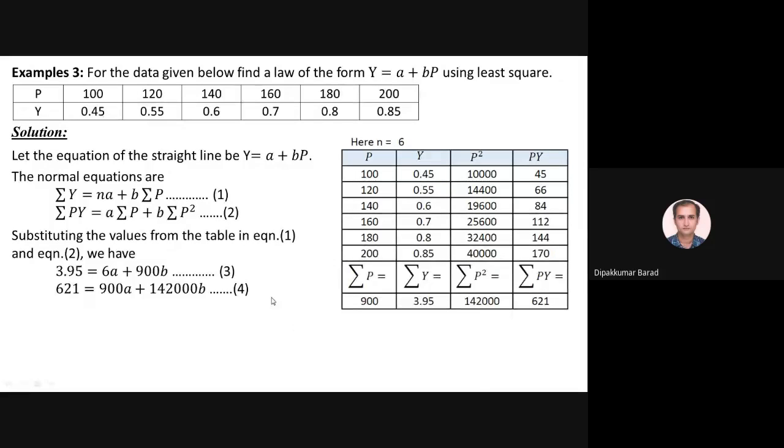You have 6a here and 900a here. So multiply equation 3 by 150 and subtract from equation 4. So you can eliminate a.